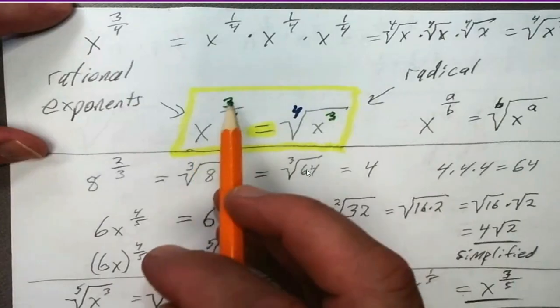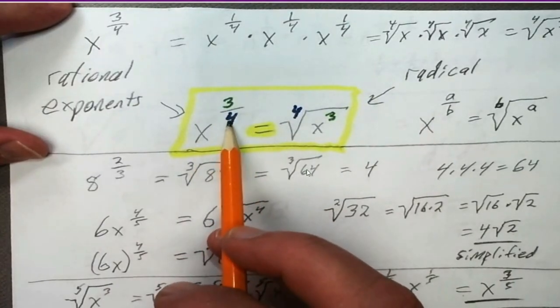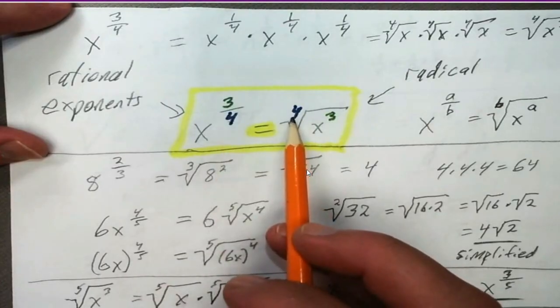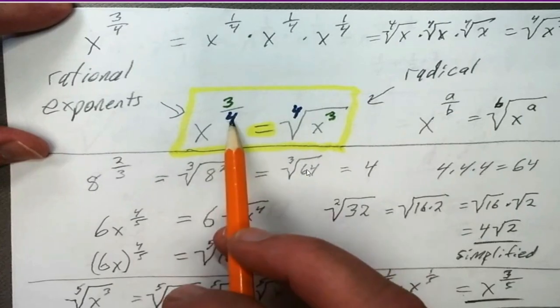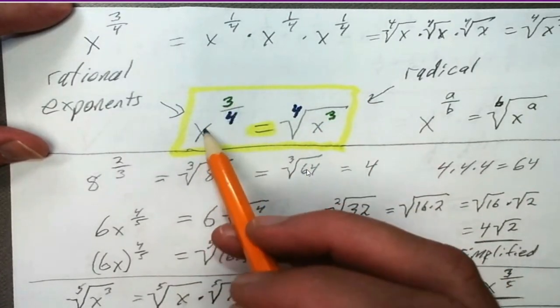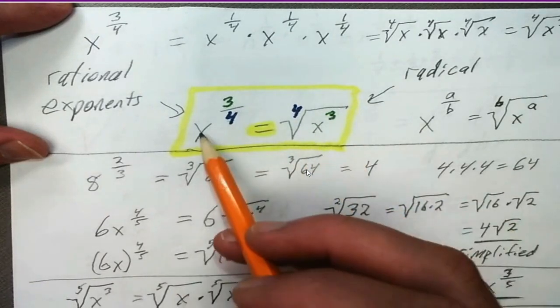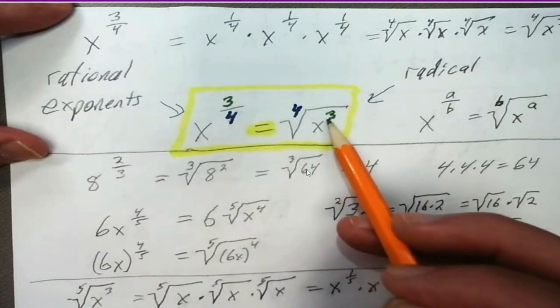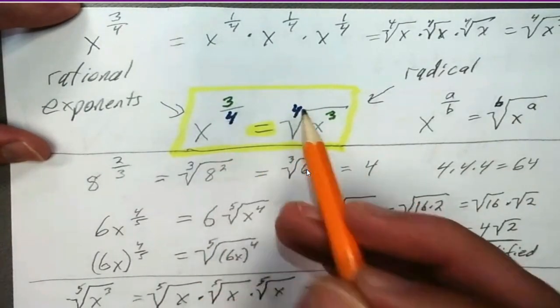When you have a rational exponent, the number on the bottom, the denominator, is the index for the radical. It means, oh, this is a 4th root. And the number on top stays with the variable and goes underneath the radical, x to the 3rd. So x to the 3rd, the 3 stays with it. We just pull the 4 out and move it outside.